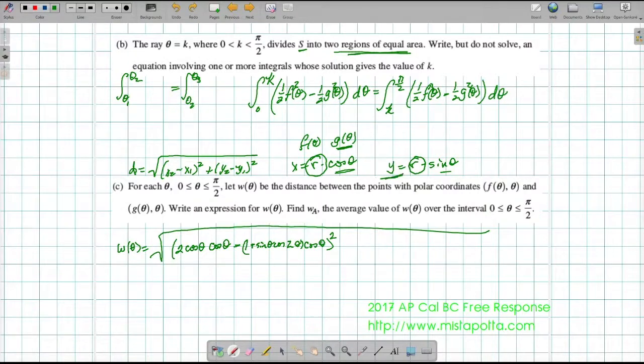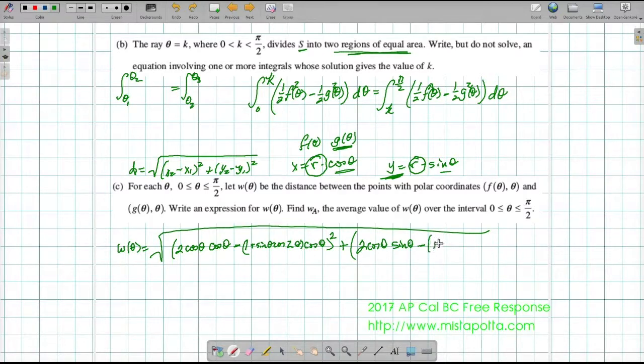Now I need to deal with y for g of theta. That's going to be my y2, plus, this is going to be 2 cosine theta times sine theta, minus, and now for y1, it's going to be f of theta evaluated at r times sine theta.